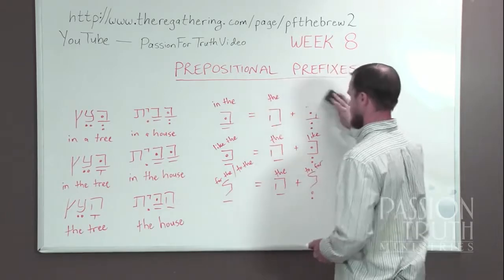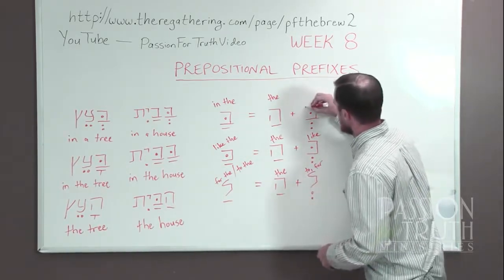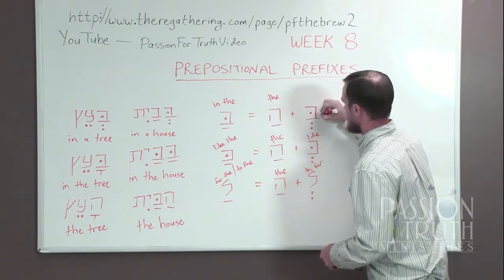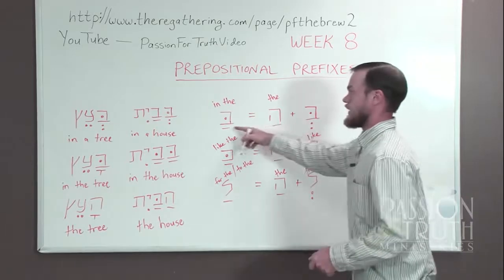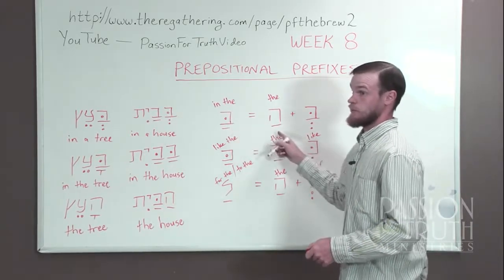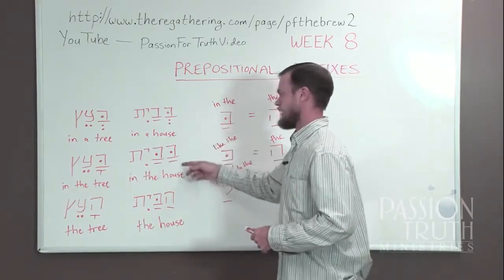So you will find this distinction. Sometimes you'll find a prepositional prefix with a shva underneath it, sometimes with a different vowel, indicating a combination with the definite article. Again, it's the difference between in a house and in the house.